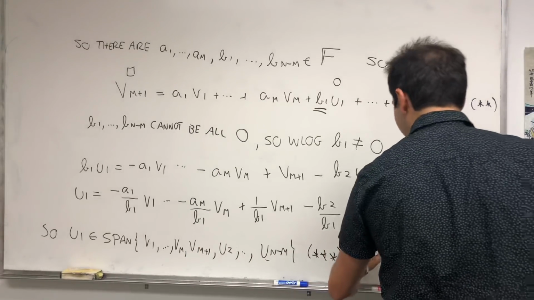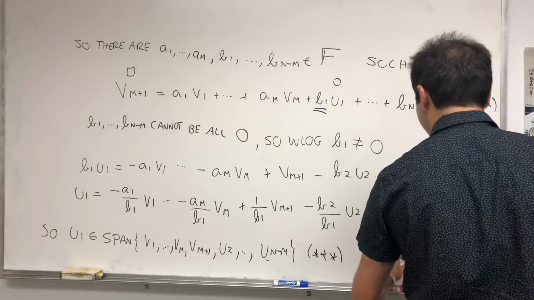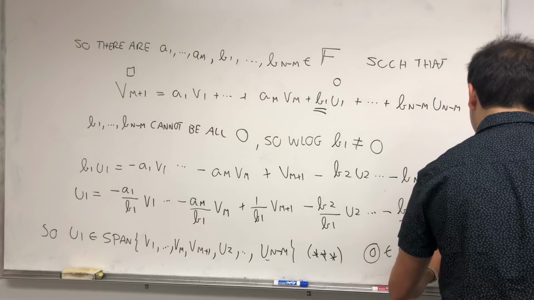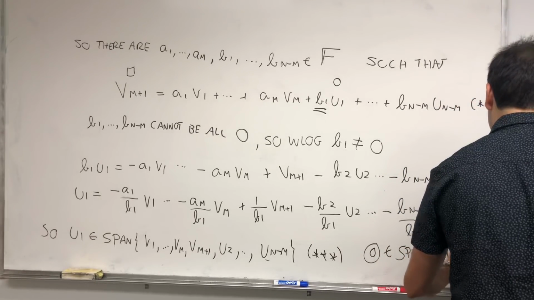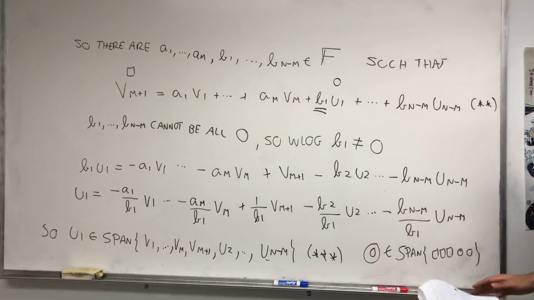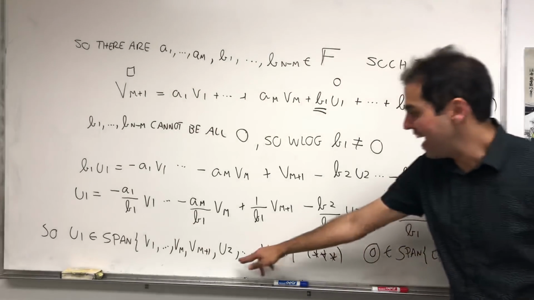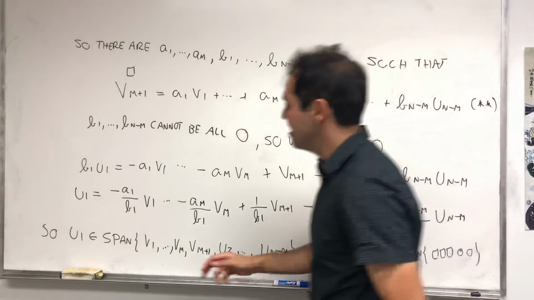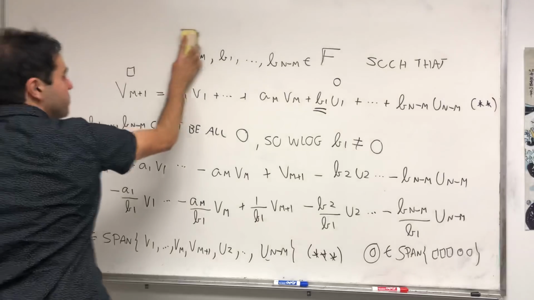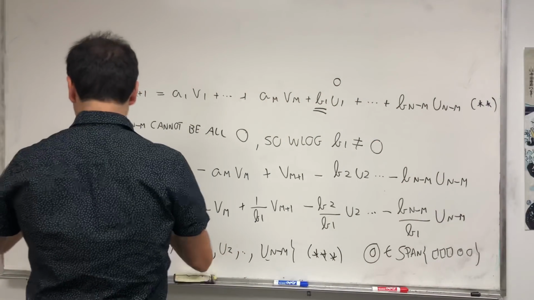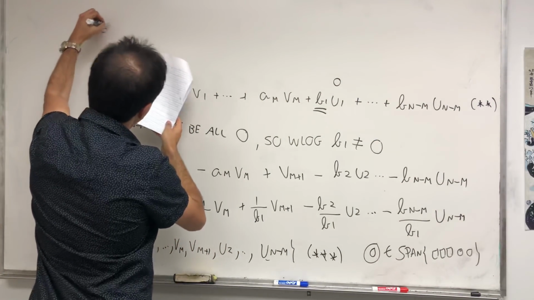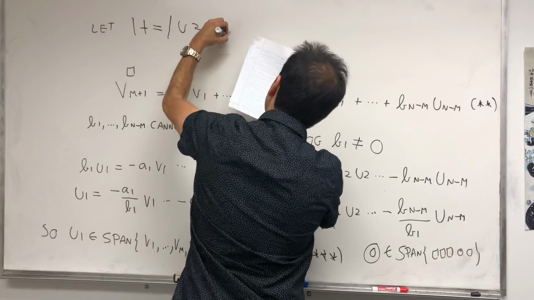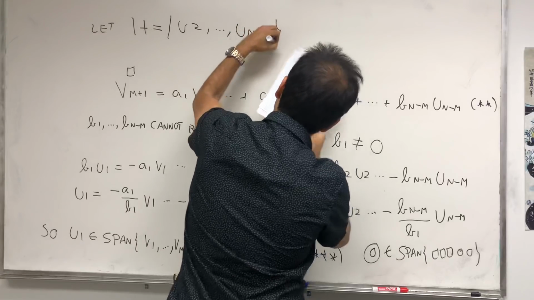And again, that's precisely what we're saying. We're saying that the dot is in the span of now 3 squares and 2 dots. So what is our new set H? It is this set, which has fewer elements, which is just what we want. So let H be U2 dot dot dot U_{n-m}.